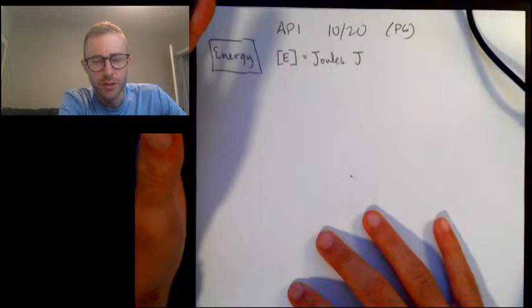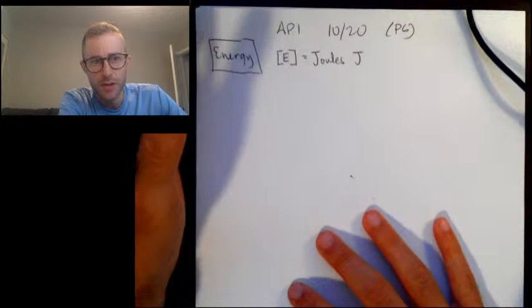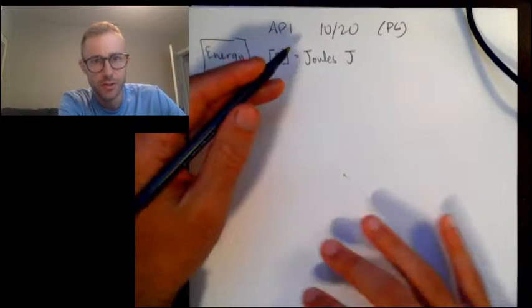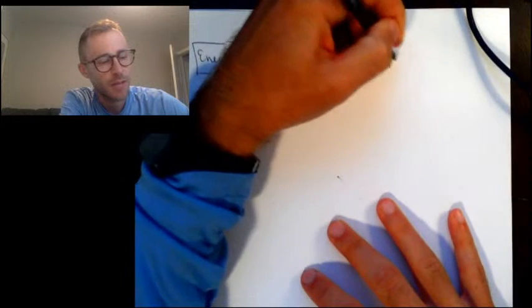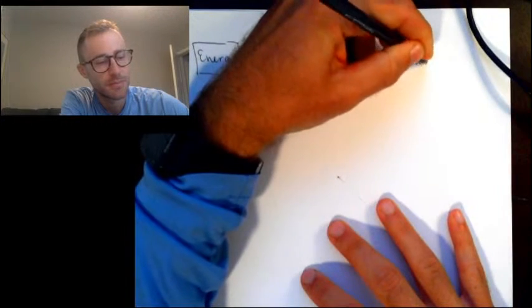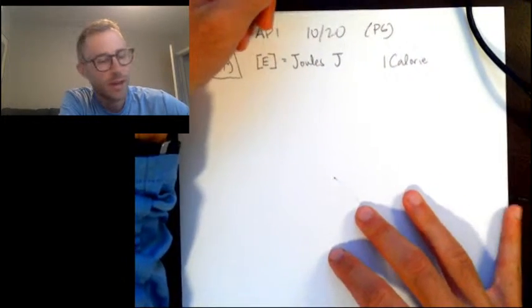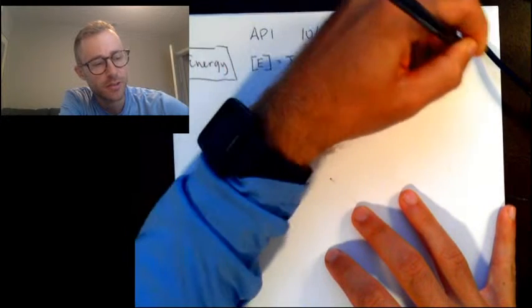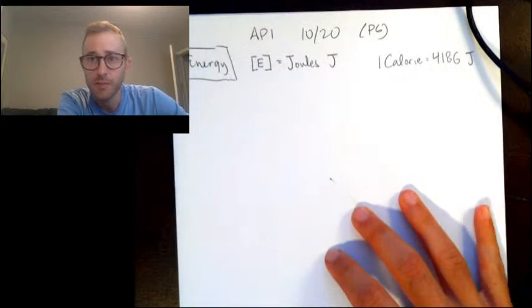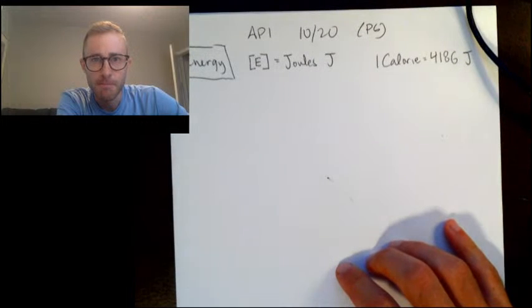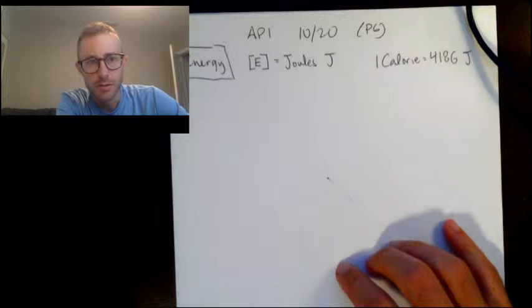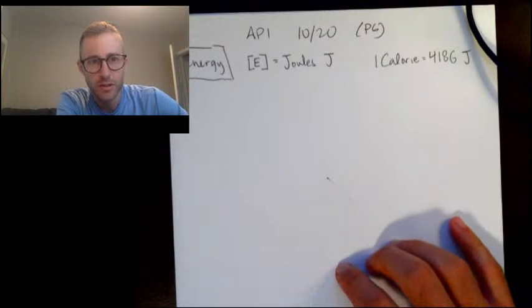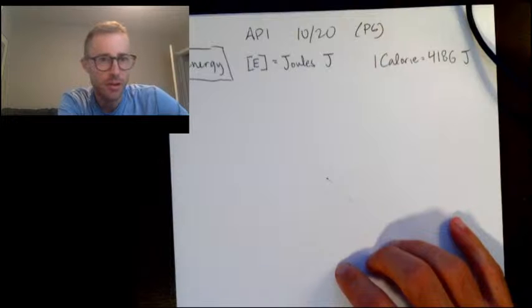Another unit of energy that we won't use in this class, but is also common, is called the calorie, capital C calorie. And 1 calorie is 4,186 joules.